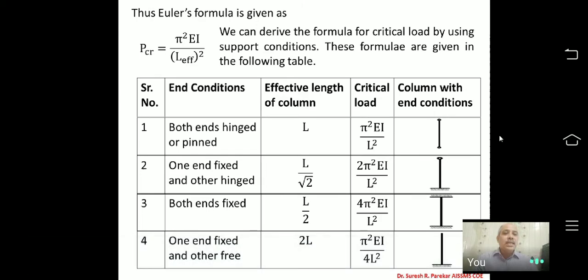Now these effective lengths, if we keep in mind, which is the easier one, or you can go for this also: pi square EI upon L square, 2 pi square EI upon L square, 4, and then we have 4 in the denominator. So this table plays a very important role. If we go to any competitive examination, you definitely have one question on column, and that relates to these values or these formulas.